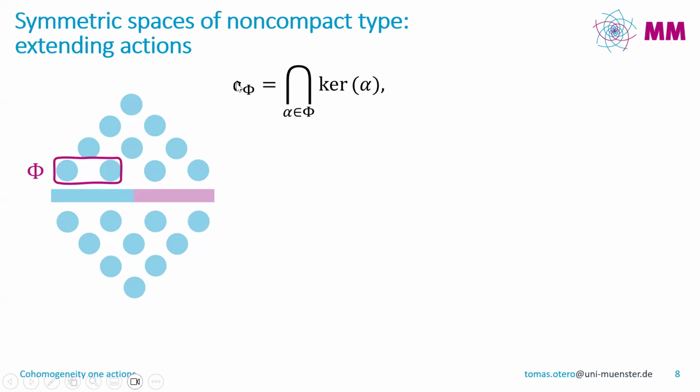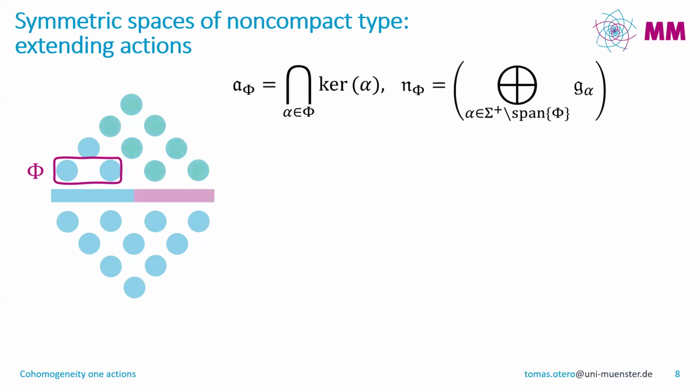We take A phi to be the intersection of all of the kernels of roots in this subset here of simple roots, which roughly you can think of as being the part of your abelian subspace A which does not lie under these simple roots.